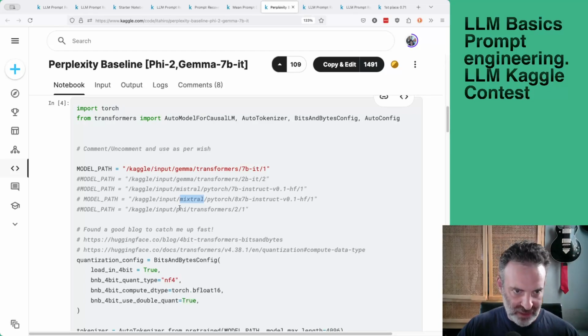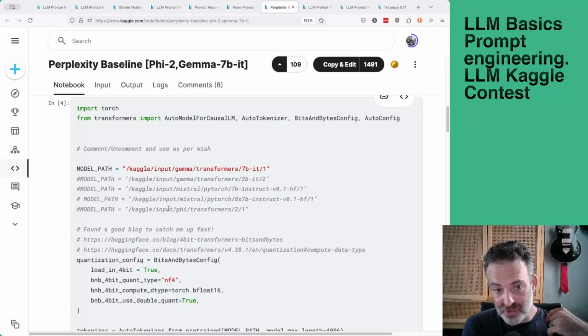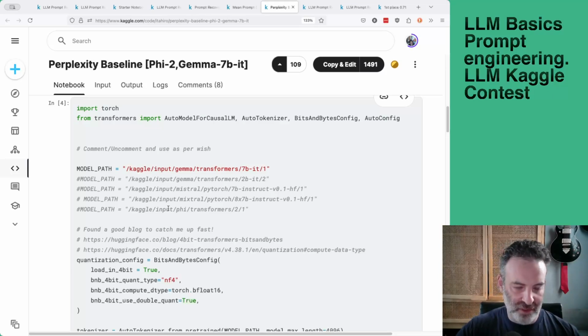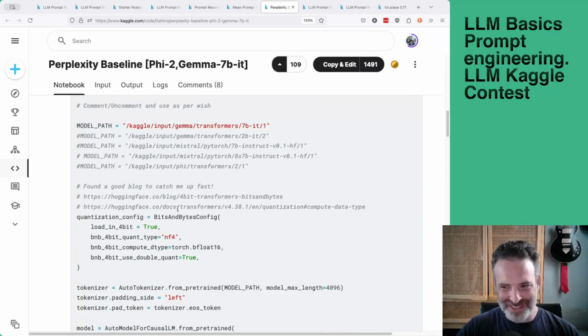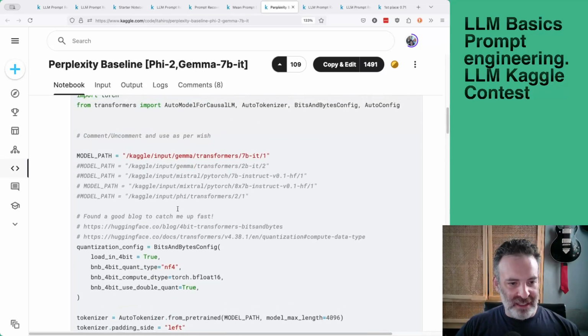That's really powerful, especially now, since this contest ended and, between then and me recording this video, Google has released Gemma version 2. If you wanted to rerun this notebook with Gemma version 2, you would just swap out the model path, and it would presumably just work. I assume Hugging Face did this already.